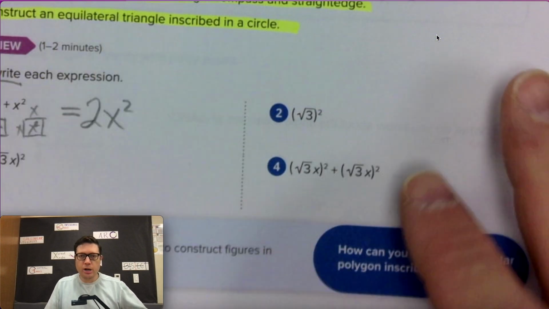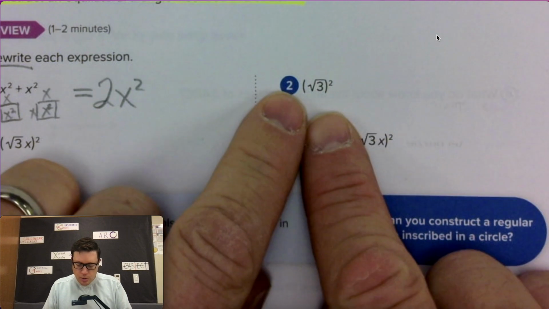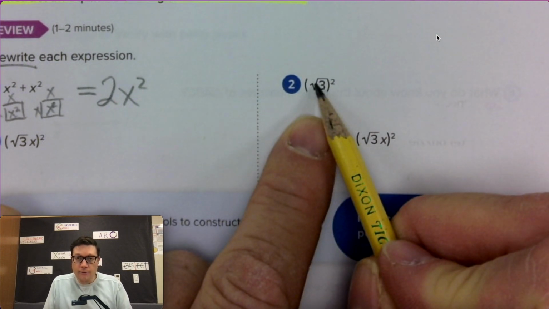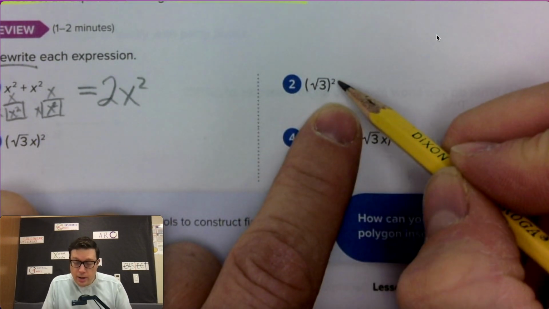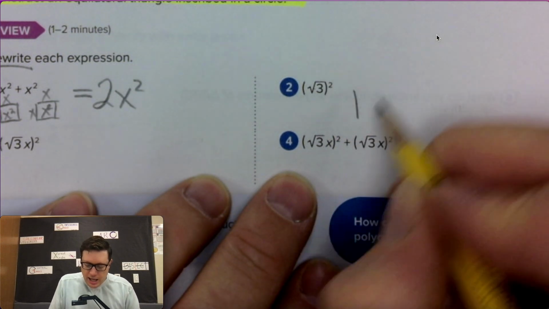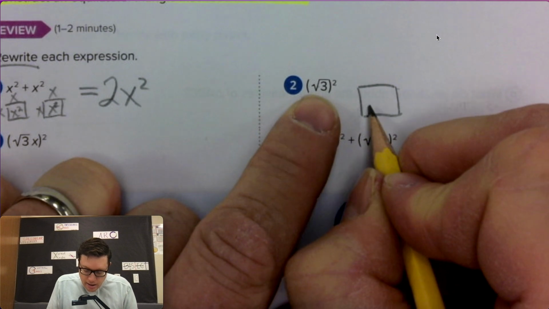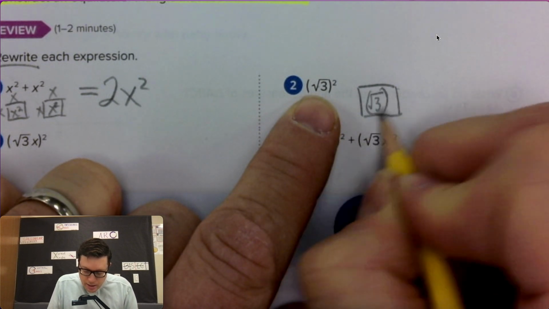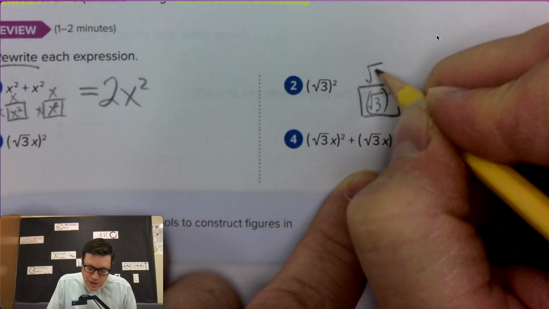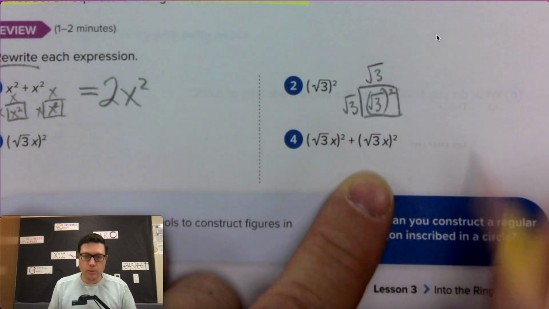Okay, let's go to number 2. In number 2, we have the square root of 3, and then it's squared. So with the same analogy as part 1, that means that we have inside here square root 3 squared. That means on the edges are square root 3 and square root 3.